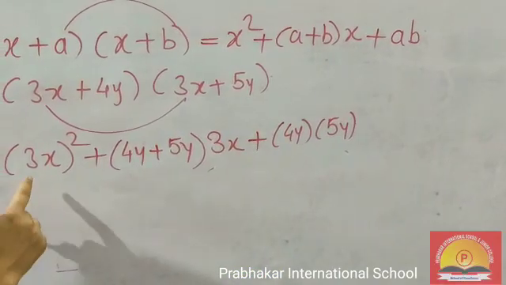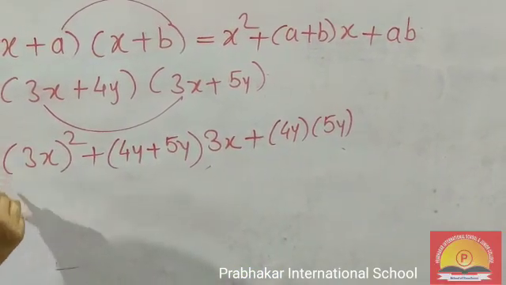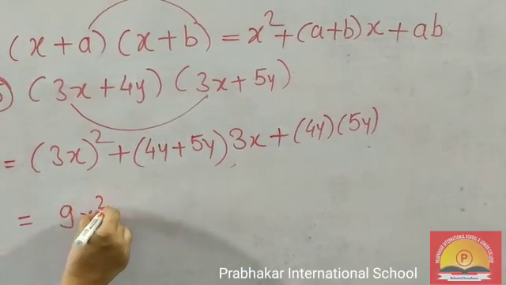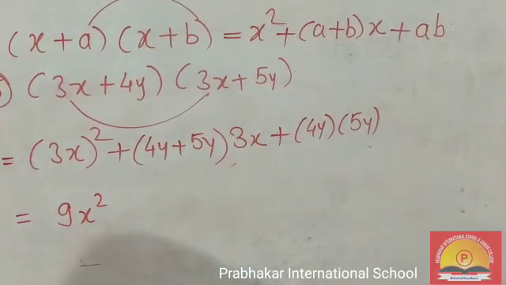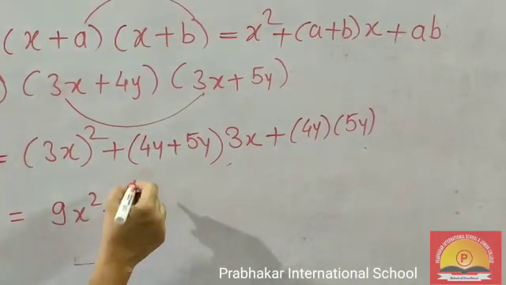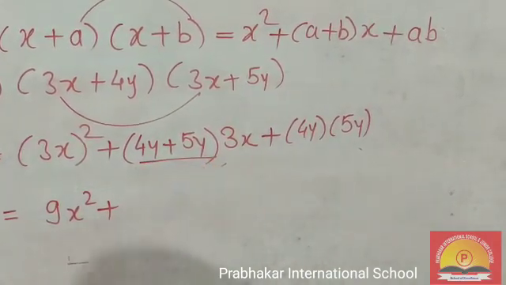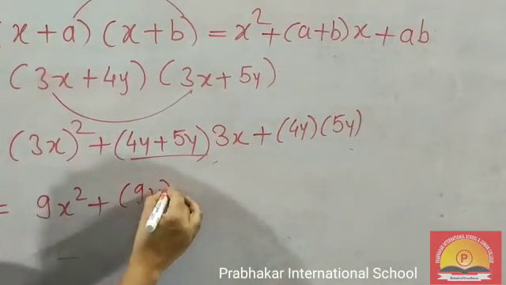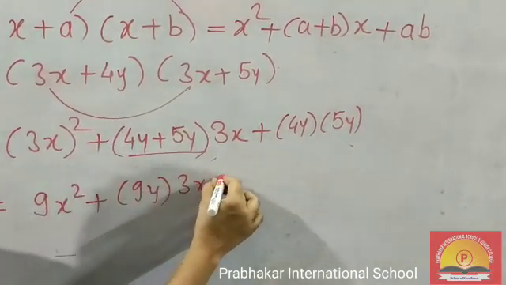Okay. So the square of 3x is how much? Give equal to sign. (3x) square is 9x square. 3 3s are 9 and x into x is x square. Addition of this, 4y plus 5y, it will come 9y. So I will write in bracket 9y, 3x as it is.